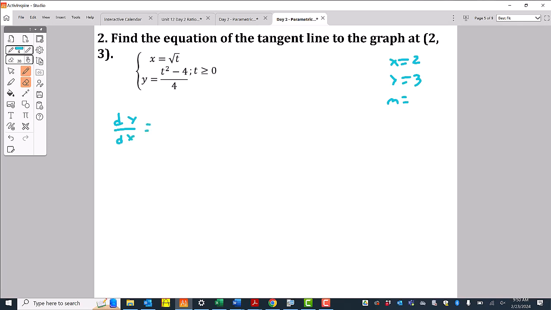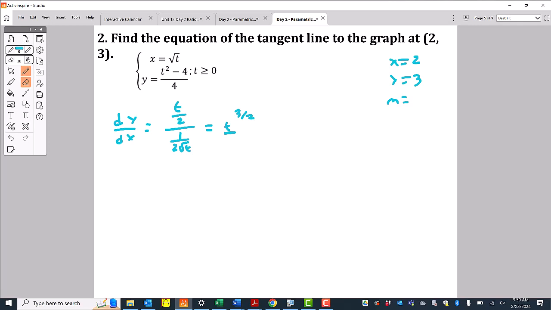I'm just going to tell you it's going to be t over 2 over 1 over 2 root t, which simplifies down to t to the 3 halves. So there's our slope equation, and we'll notice we need a t to find the slope.